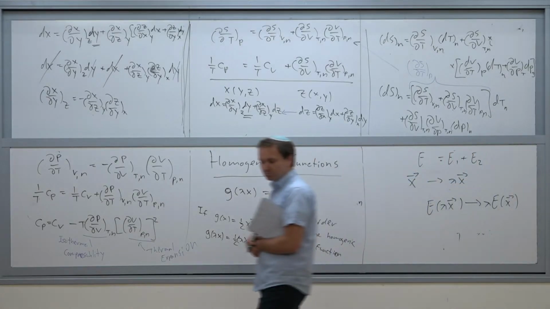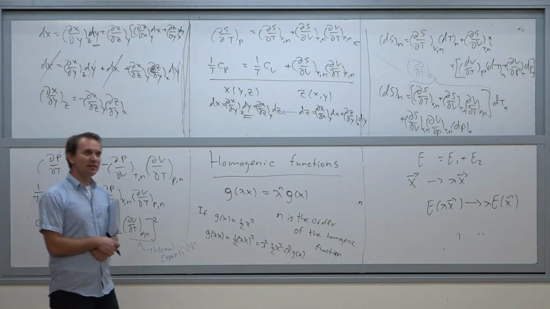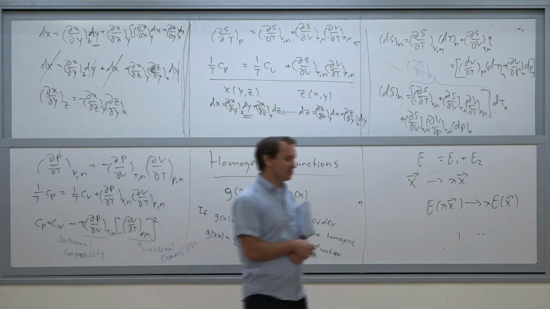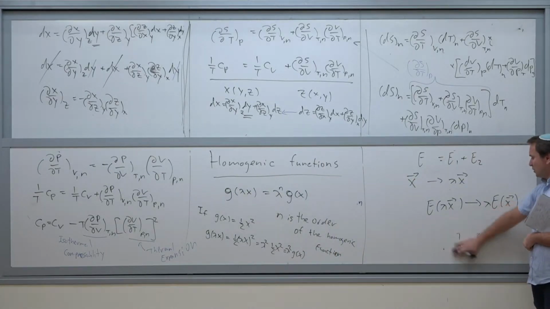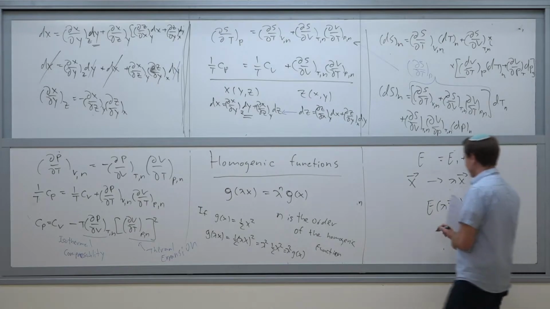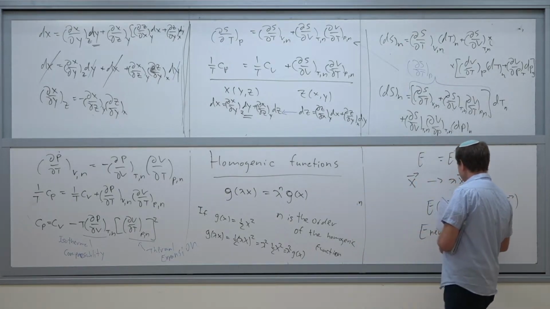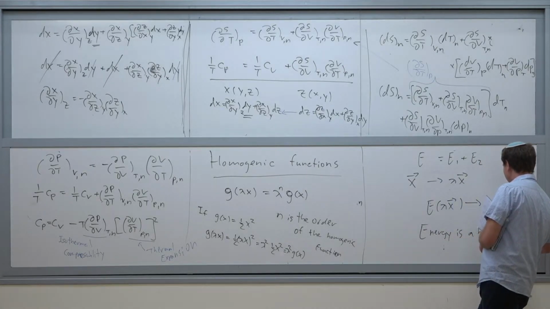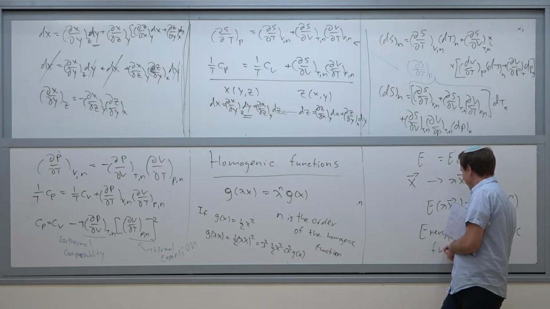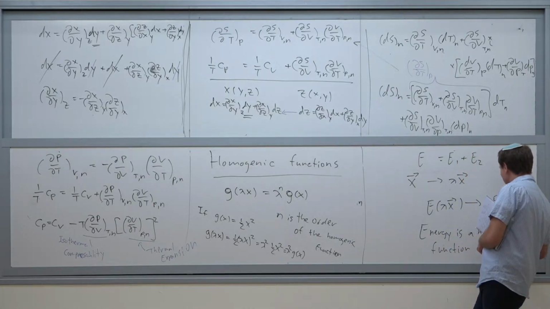It basically means that the energy is a linear function of the size of the system. So if we have this property, we know that energy is a homogenic function of the first order.